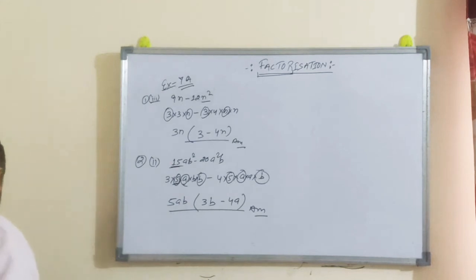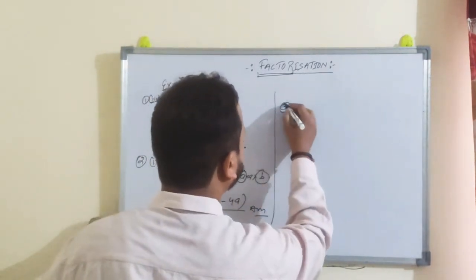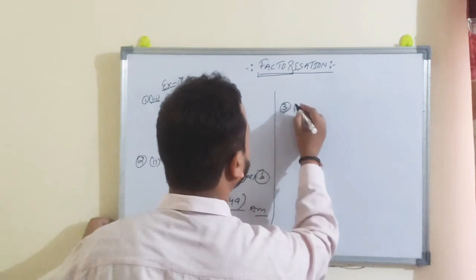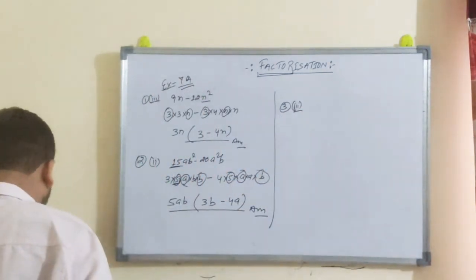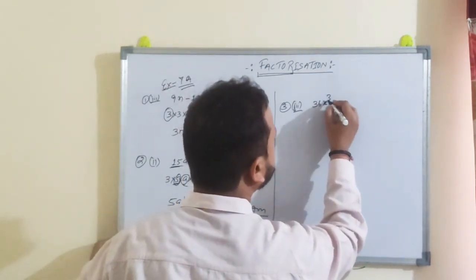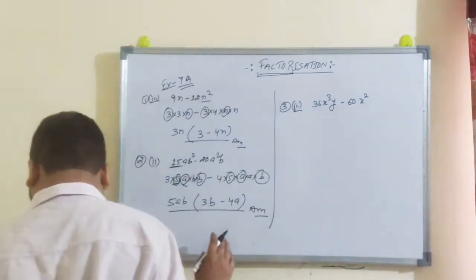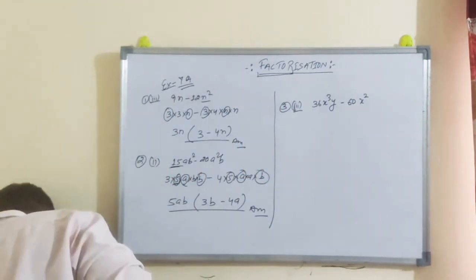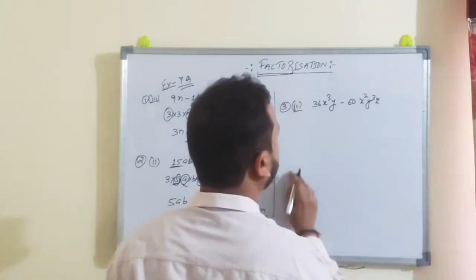Now come to the third part, yes, third part of question number 3, that is 36x cube y minus 60x square y cube z, right?